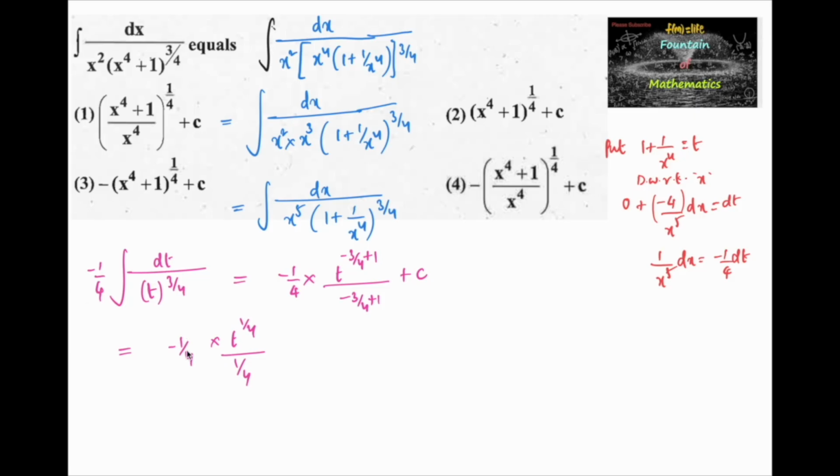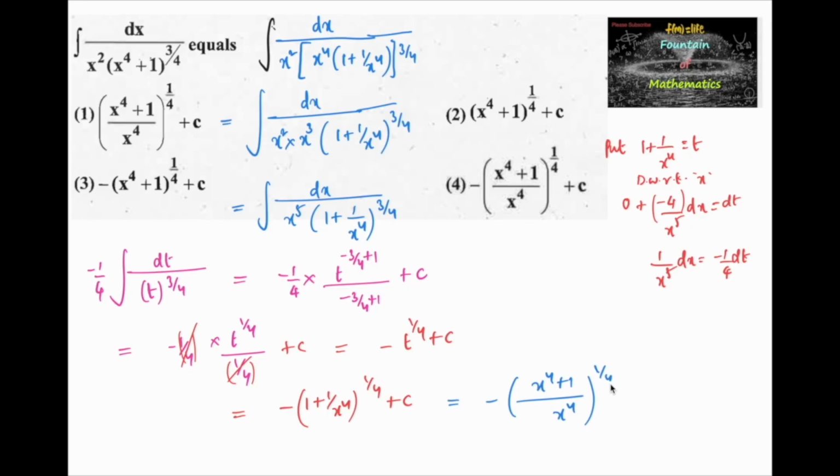So minus 1 by 4 and plus 1 by 4 get cancelled, plus c, which is equal to minus t to the power of 1 by 4 plus c. Where t is equal to 1 plus 1 by x power 4, whole power 1 by 4, minus plus c is the answer. Or we can also write it as negative of (x power 4 plus 1 upon x power 4) whole power 1 by 4 plus c. Which is our option 4.